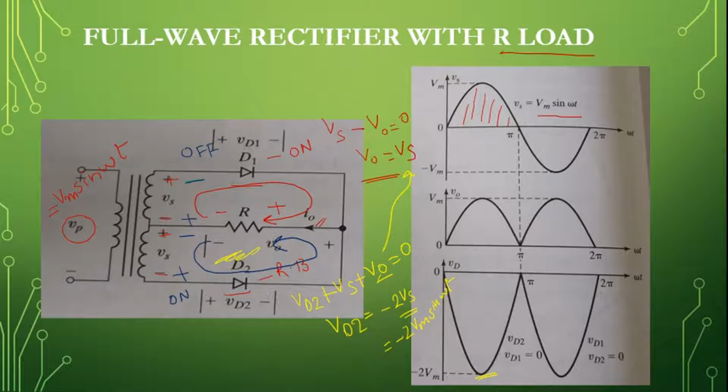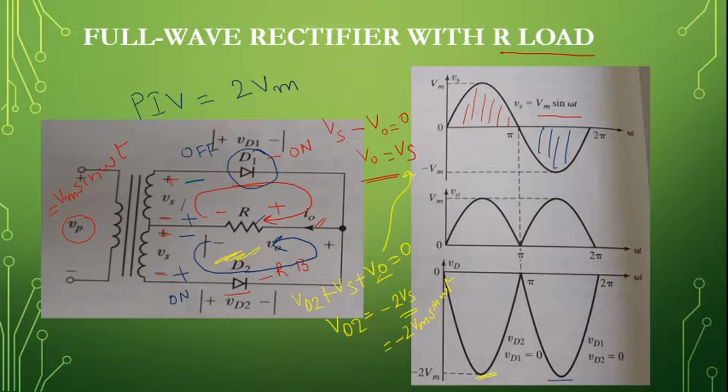So the current direction through the load is same. So we have the output voltage again as positive during the negative half cycle. So what is the voltage which appears across D1? The voltage which appears across D1 again is the sum of this voltage plus the voltage across the resistor, which gives us minus 2 Vm. So the peak inverse voltage of a full wave rectifier with RL load is equal to 2 Vm.